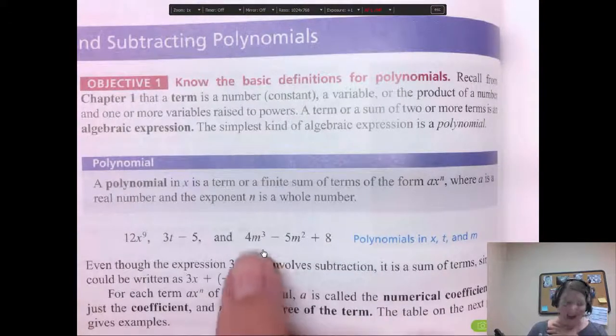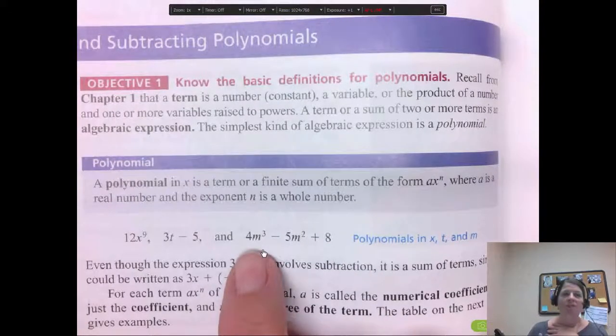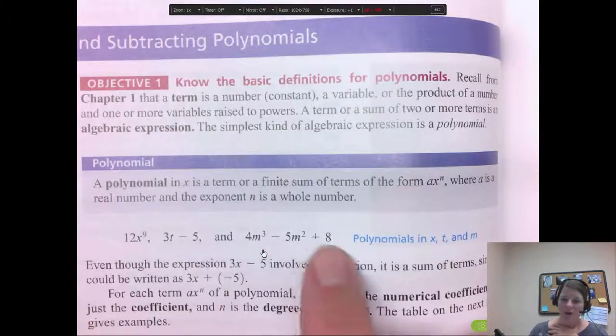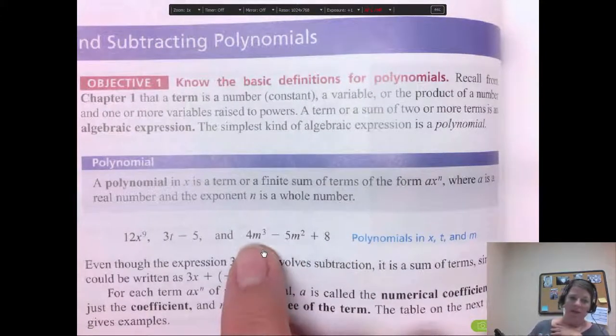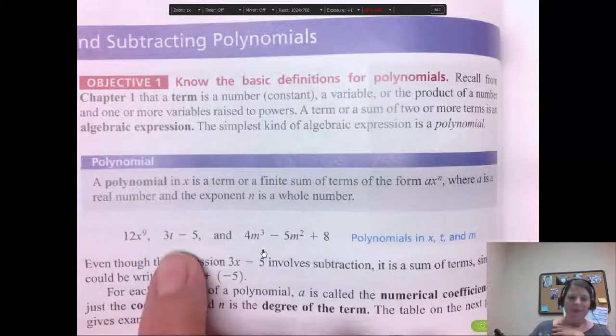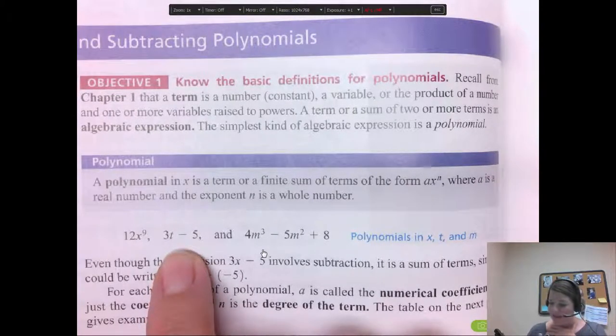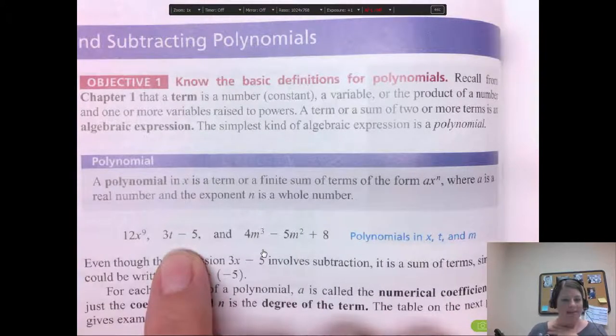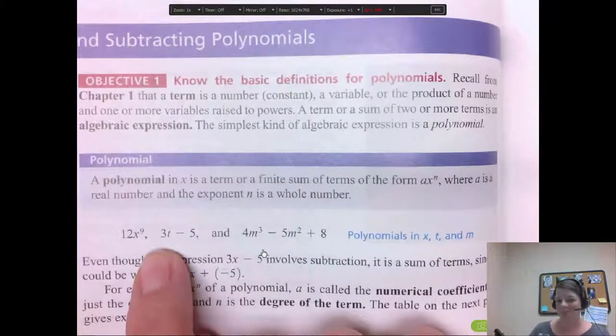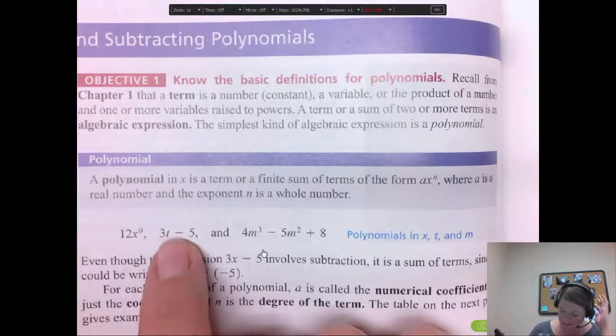So what is the highest power? That is the degree of the polynomial. So the degree of this trinomial is 3. It's a third degree trinomial. What is the degree of this polynomial here? This degree is 1 because t only would have an exponent of 1. So the degree of this one is a 1.